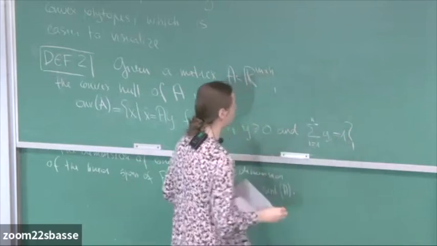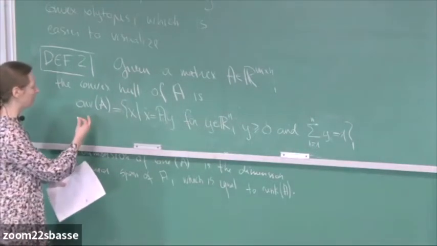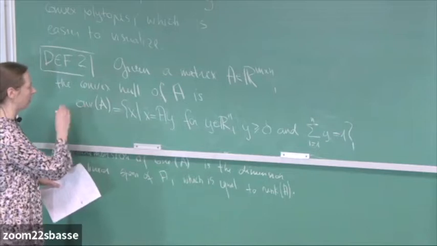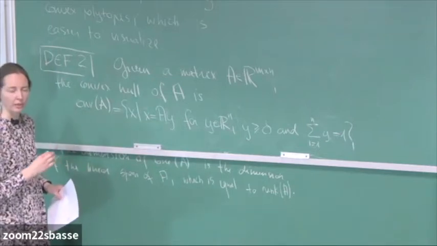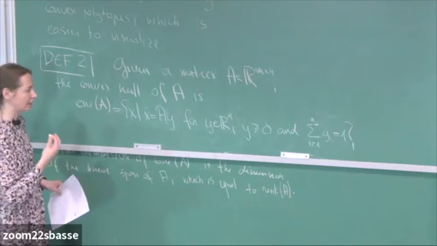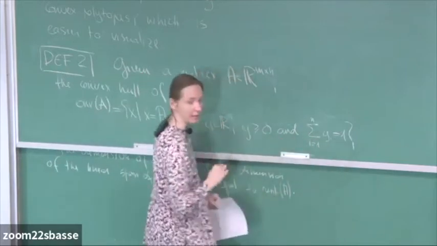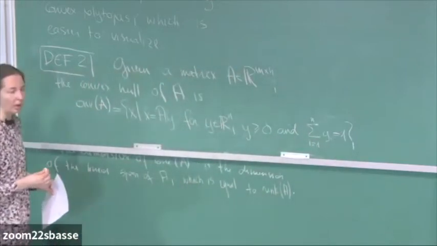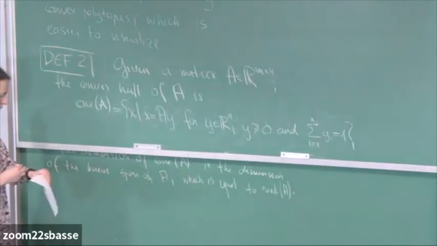So this is what it means to be in the convex hull. All the elements of the convex hull of A are convex combinations of columns of A. This means linear combinations where these two conditions are also satisfied: y is non-negative and the sum of coordinates of y is equal to 1.